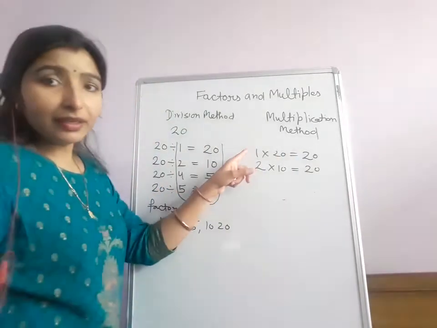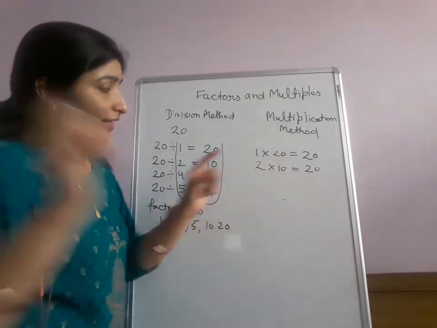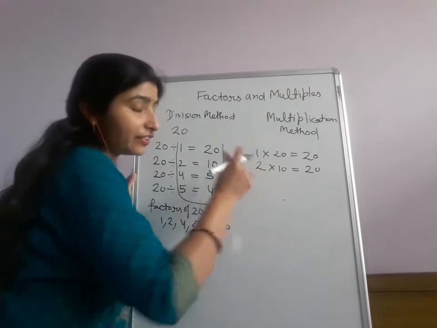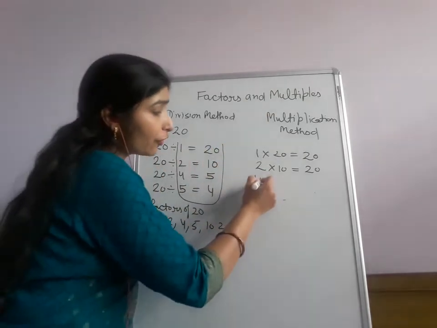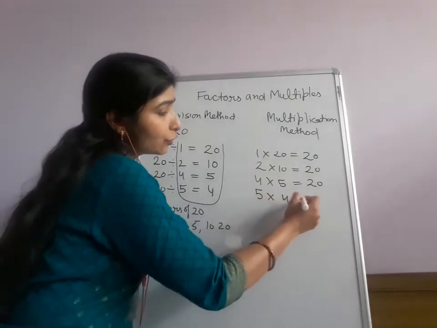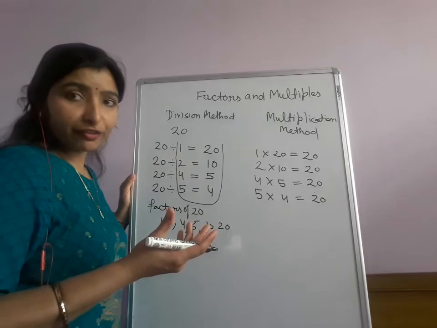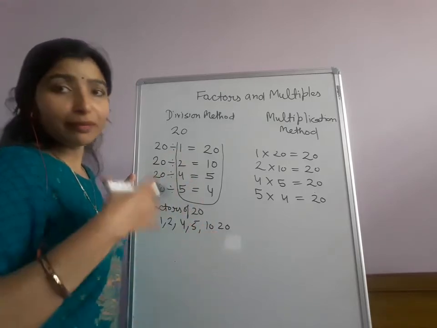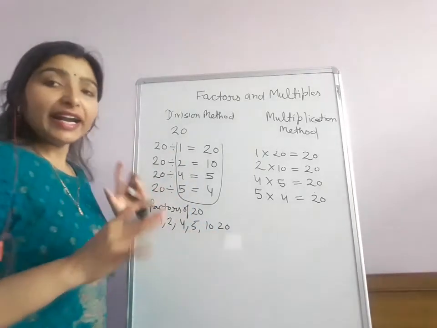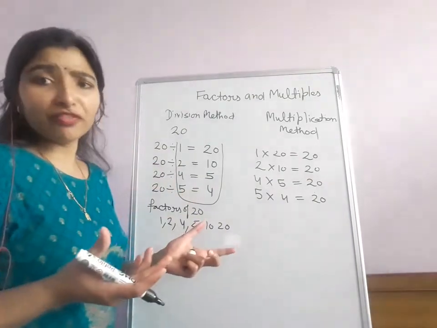In 1 table, 1 20s are 20, 2 tens are 20. Now, in 3 table 20 will not come. 4 5s are 20, 5 4s are 20. And 6 table not coming, 7 table 20 will not come, 8 table 20 will not come, 9 table 20 will not come. And I have given you hint ki you will check up to 9 only. You will get maximum factors now.